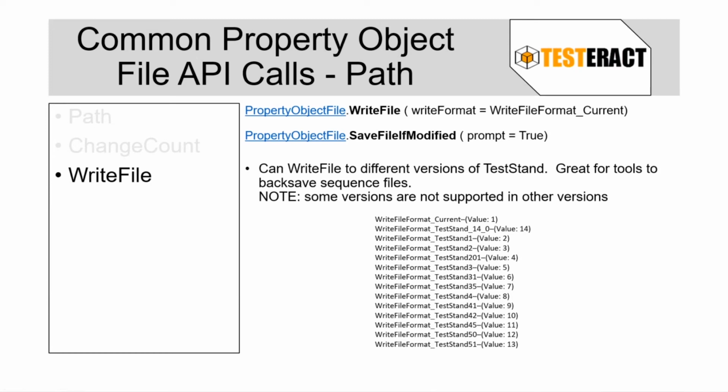So if you have a sequence file and you want 10 different other developers to have it, but all of them are using different versions of TestStand, you could iterate on it, writing it to all of these versions, and then just give them the version they need. All right. Any questions before I hop in the demo?